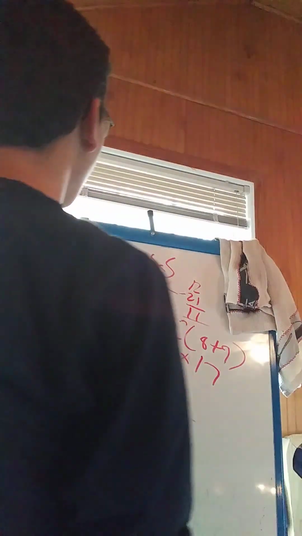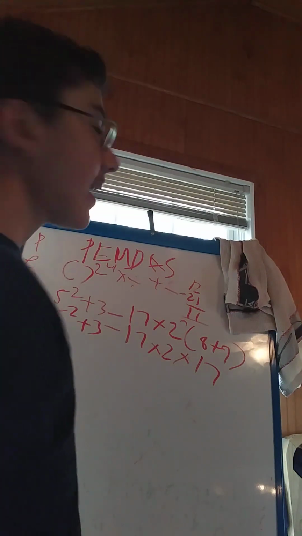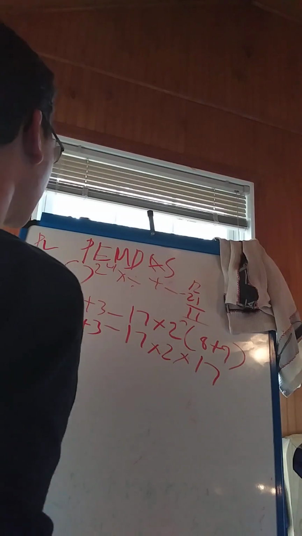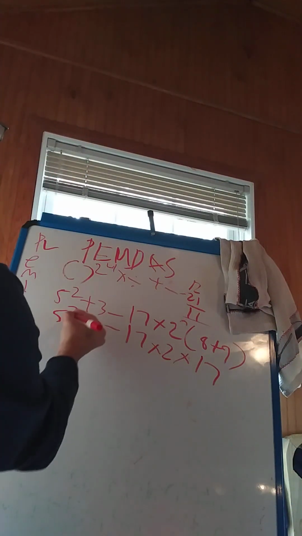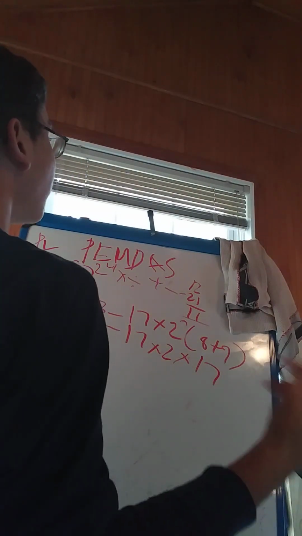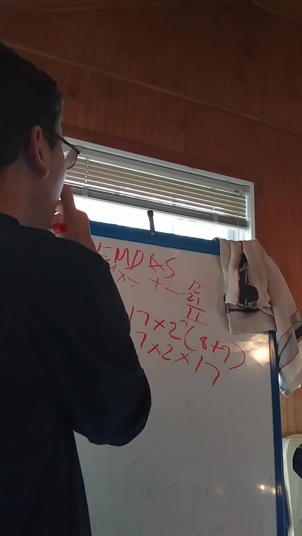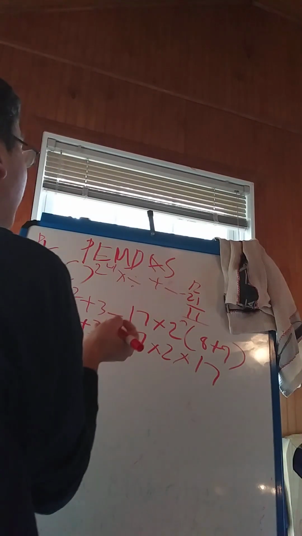So, now we look for any exponents is the next. So we cross this off. Any exponents? Yes, I see exponent here. So 5, and then you have the little 2 up there. So 5 times 5, taking 5 twice would be 35.